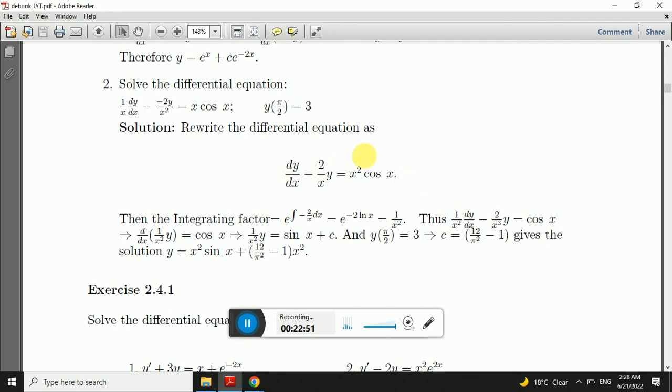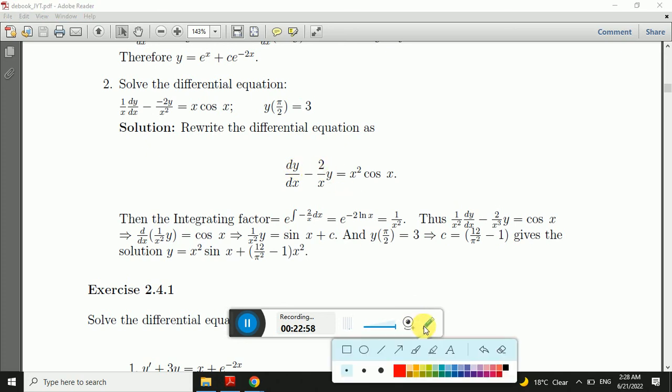So this is now the differential equation in the form dy over dx plus p of x y equals q of x.